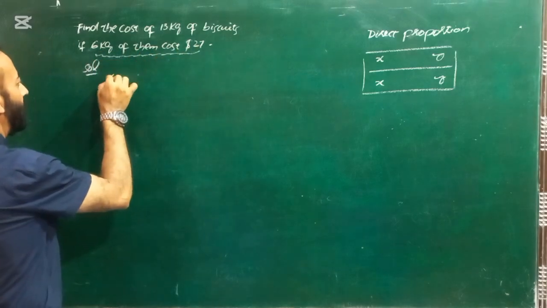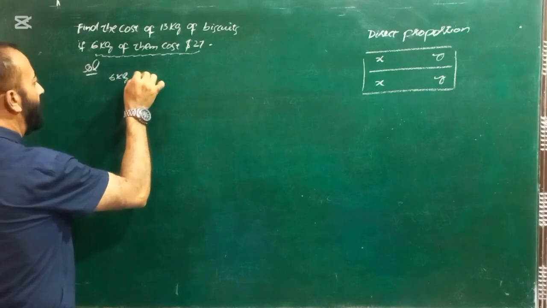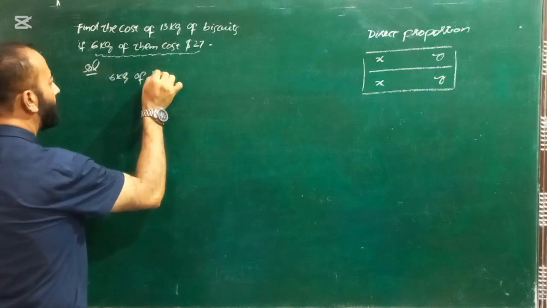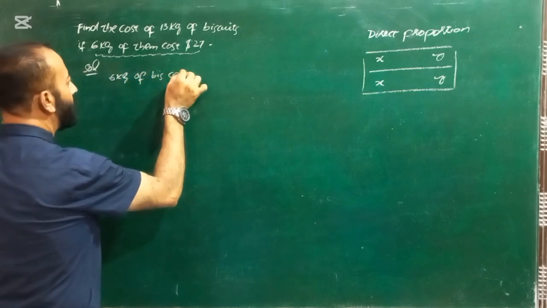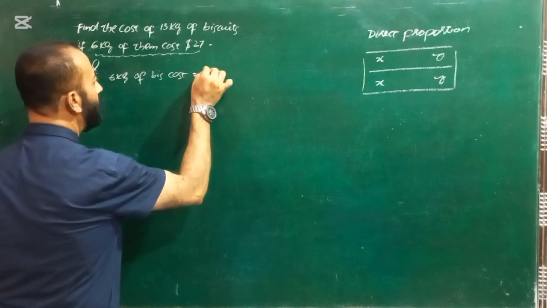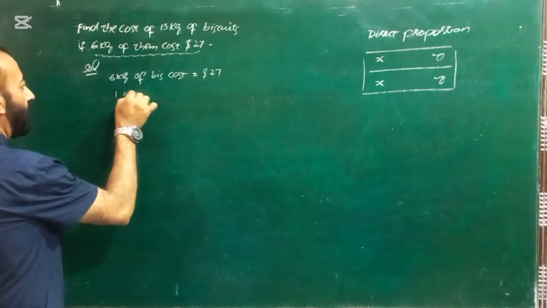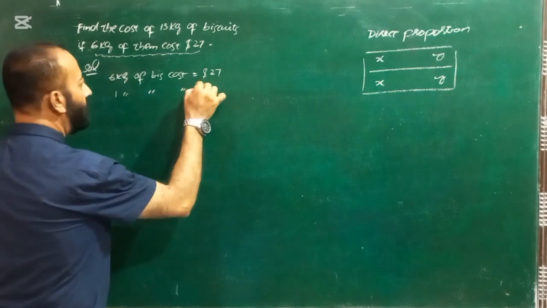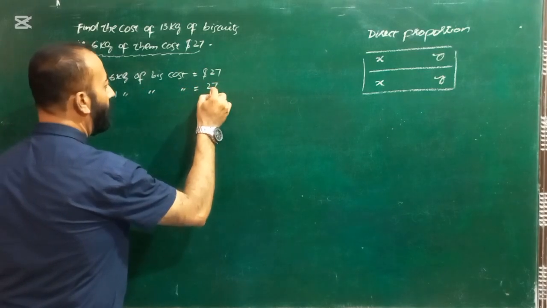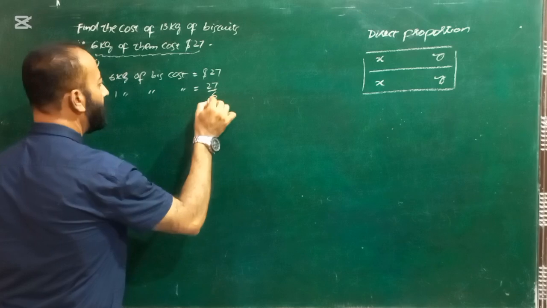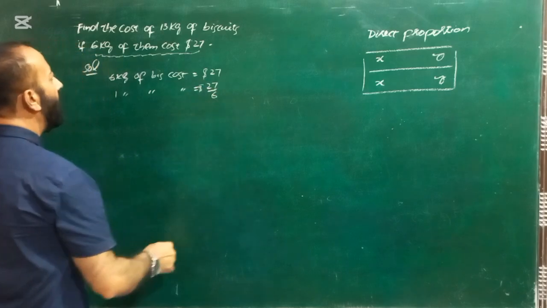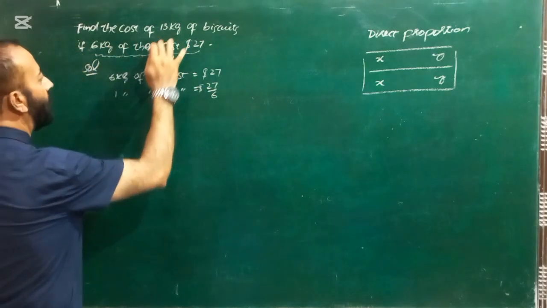So look now, 6 kg of biscuits cost $27. 1 kg will cost 27 over 6 dollars, and we are required to find the cost of 13 kg.